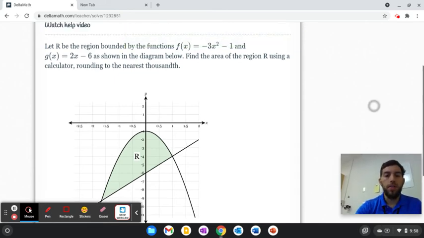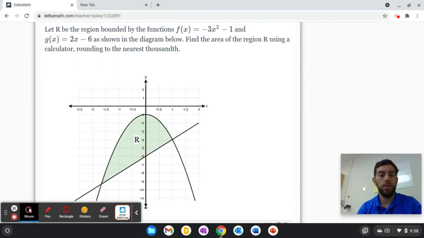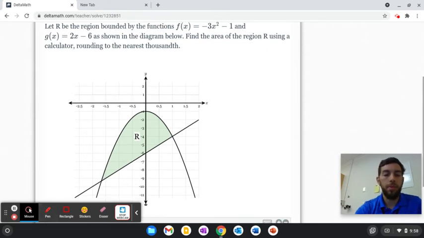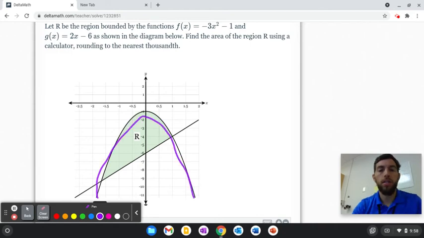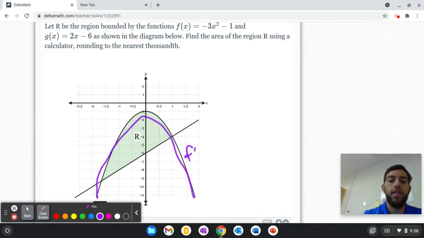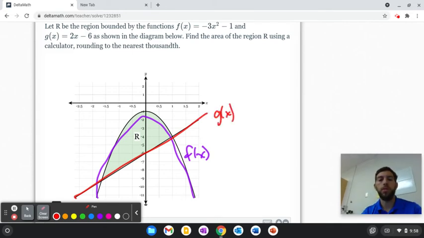So let's look at our first example. We're supposed to find the region bounded by these two curves. You can see we've got a parabola that opens down right here. That's our f of x, because it's a negative 3x squared. And then we've got our other line, g of x, right here. We're going to try to find the region bounded by those two.